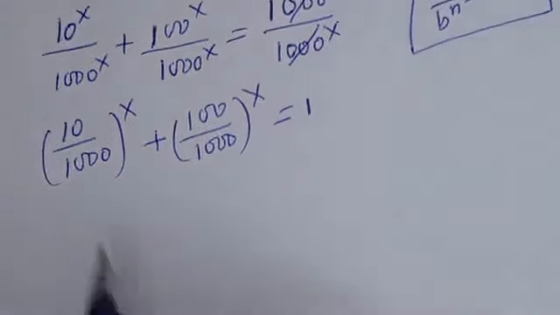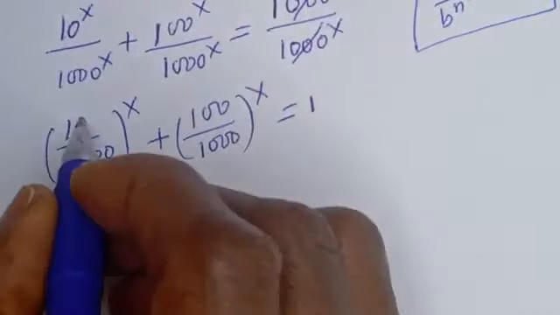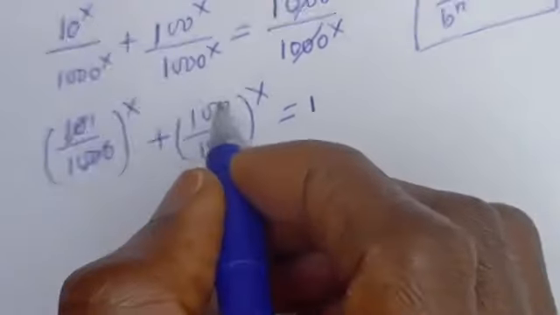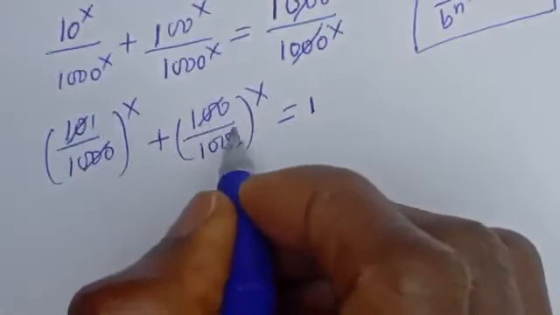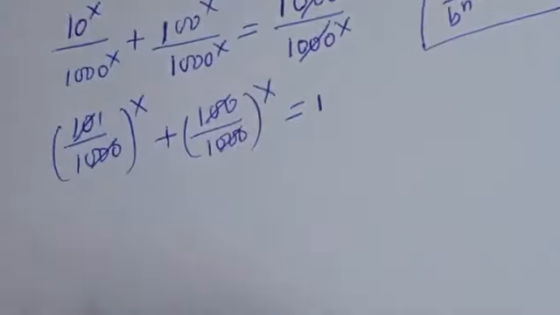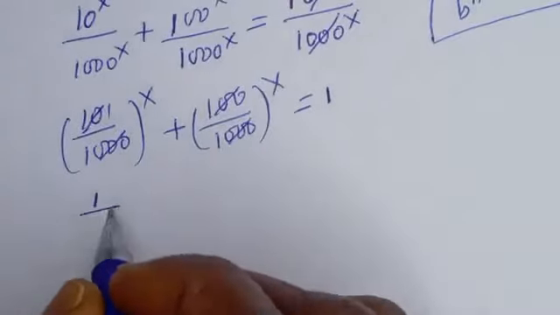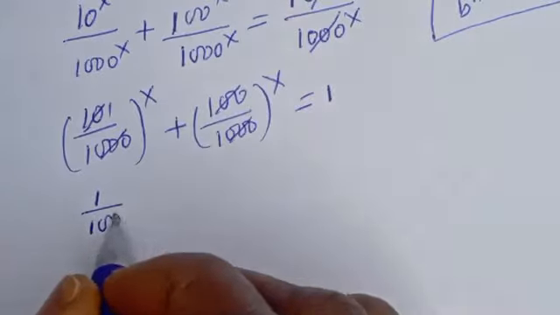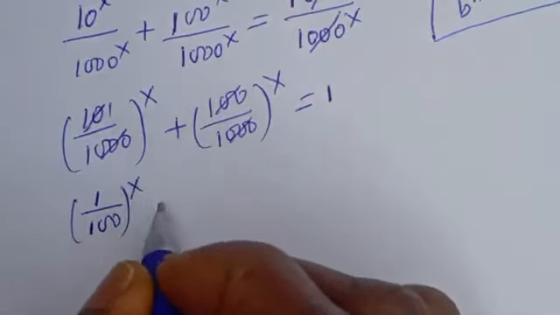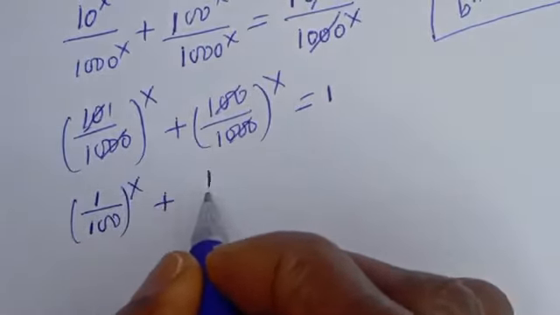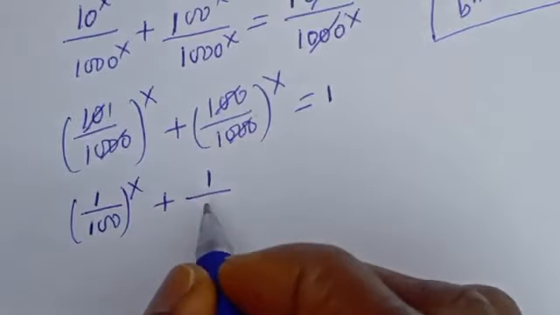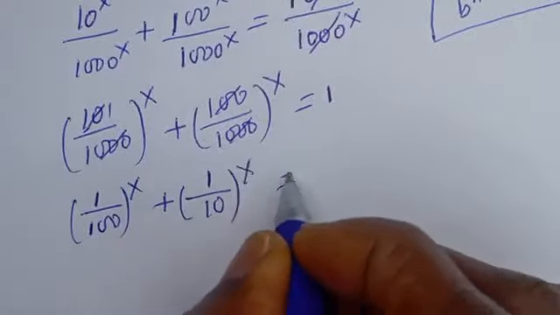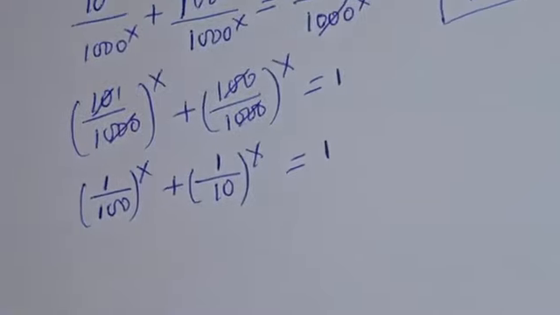Then here, we have 10 here, 1, 10 here, 100, then 100 here, 1, 100 here, 10. So this is 1 divided by 100 all to the power of x plus 1 divided by 10 all to the power of x is equal to 1.